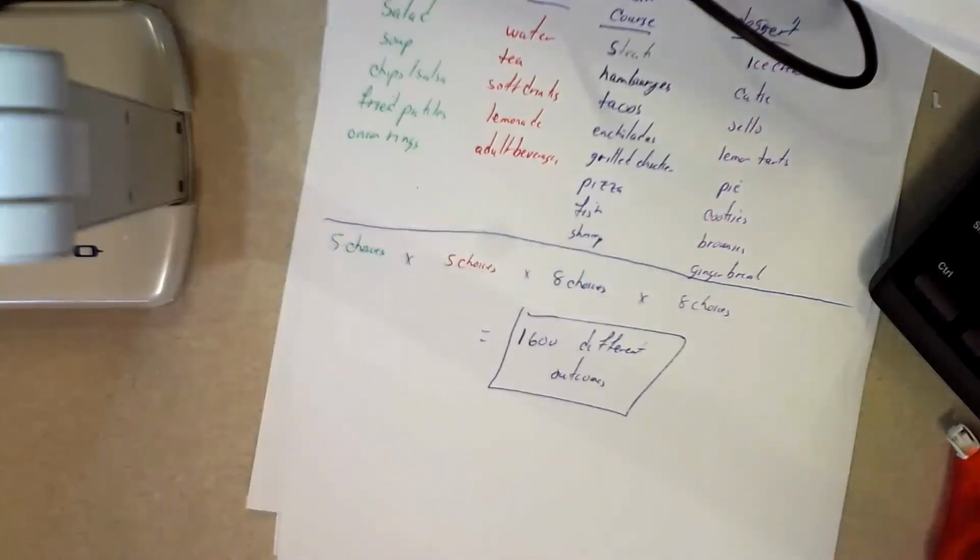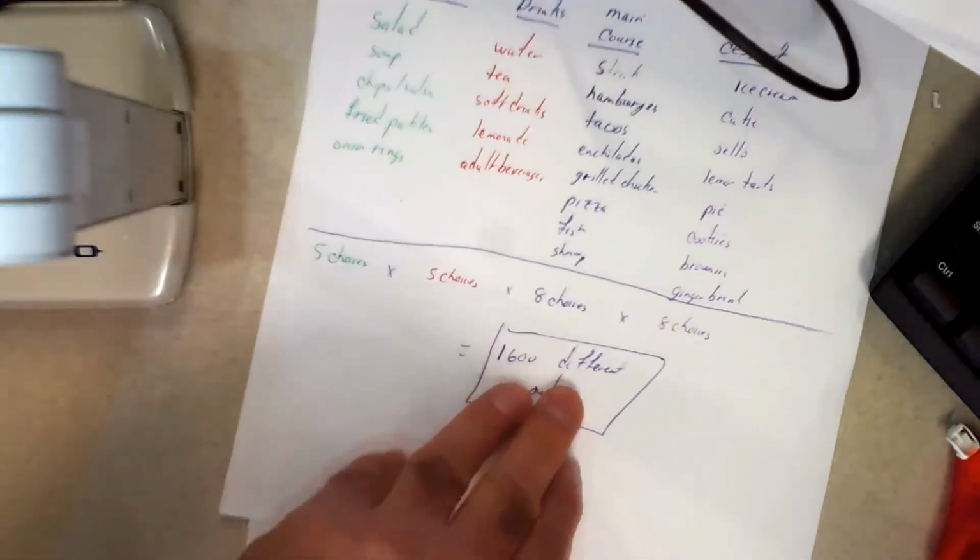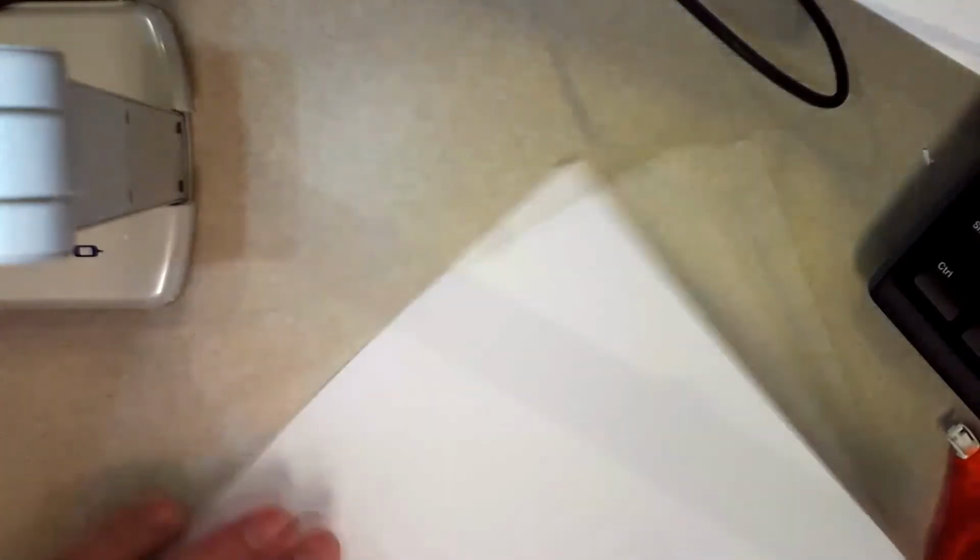So let's do one that's doable. We can do a tree diagram that's doable, and we can use our fundamental counting principle. So I'm gonna have to do this one sideways.